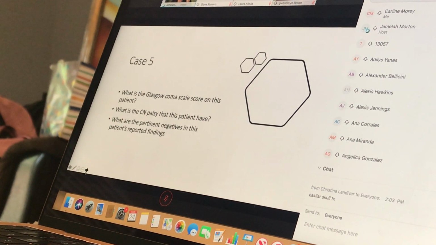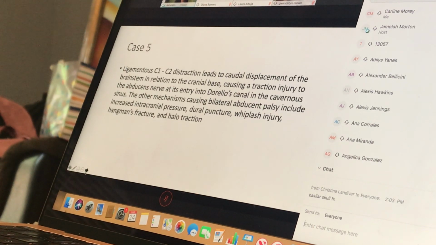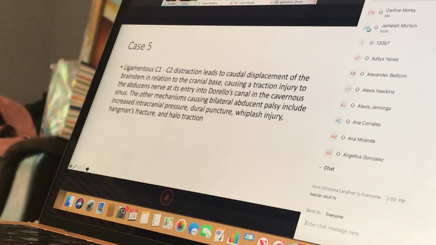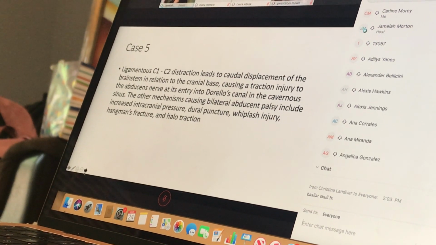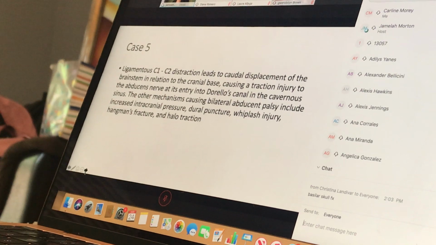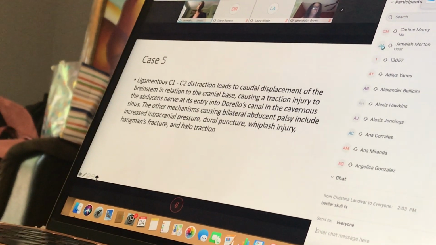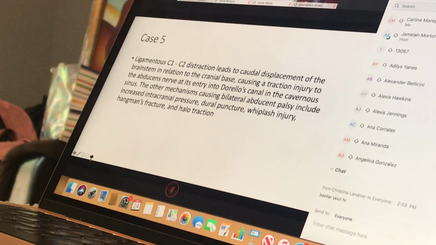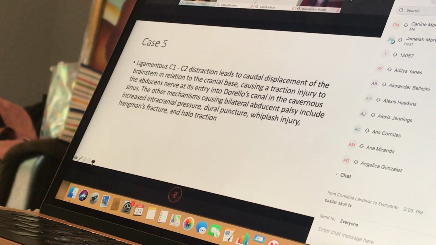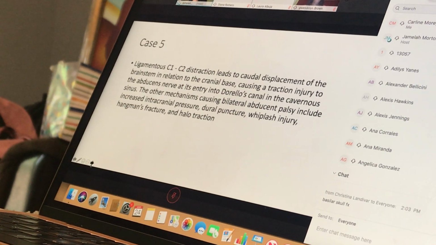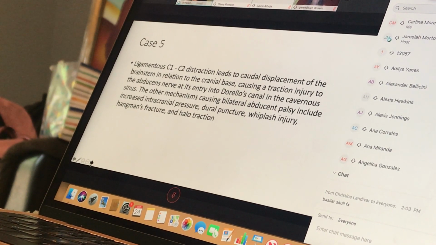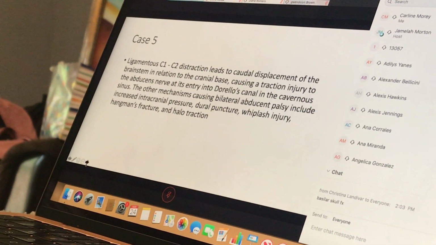This was an actual case, and what had happened is she had a C1, C2 distraction injury that displaced her brainstem, and it caused a traction injury to the abducens nerves in Dorello's canal. It's a canal at the base of the brain, close to the cavernous sinus, where the 6th cranial nerve comes through. Not that I expect you guys to know any of this. It wasn't even an intracranial injury itself that caused this.